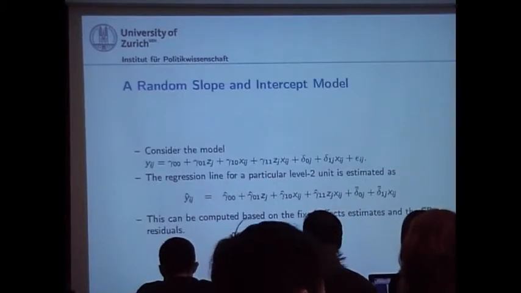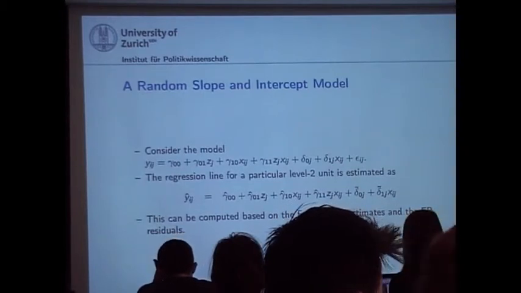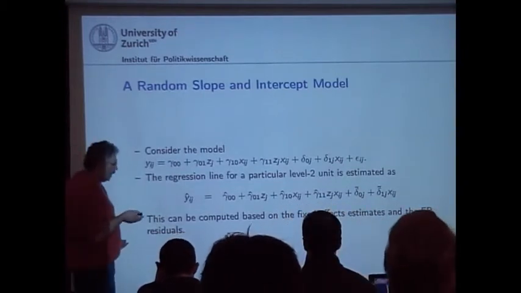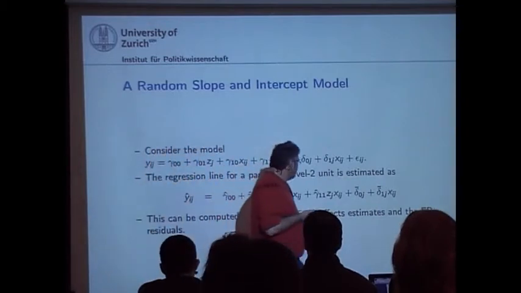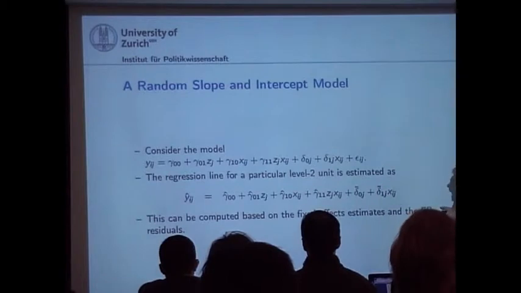So we're going back to this model with a cross-level interaction, where previously we got rid of all of the error terms because we averaged both over i and j.